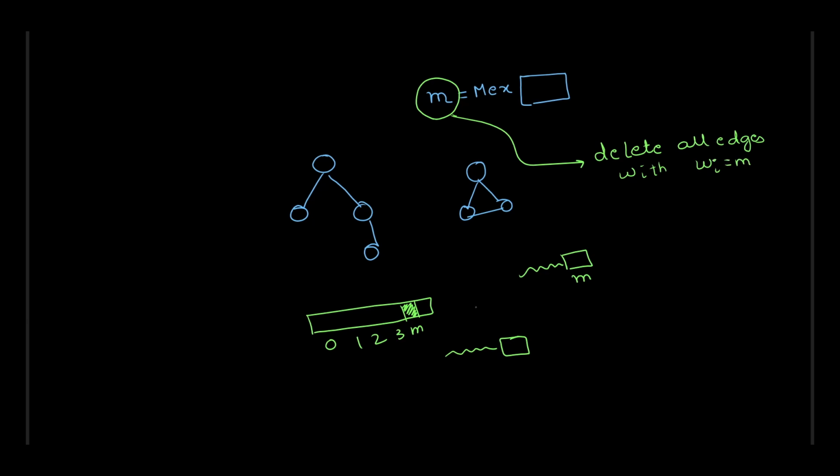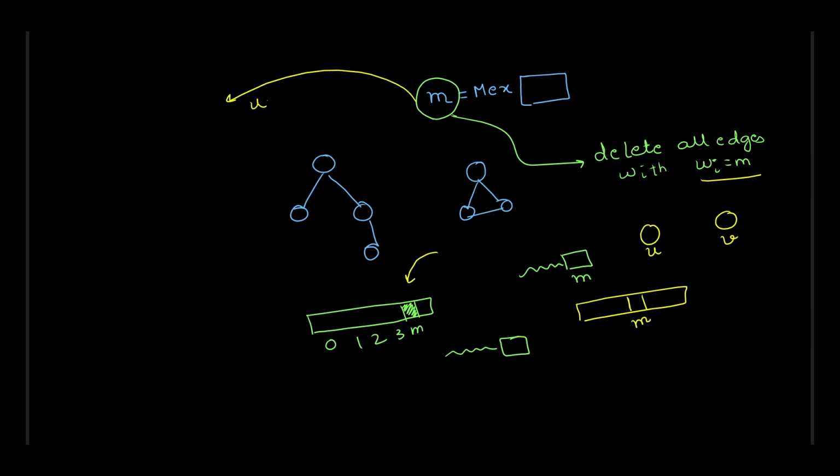Now, like I said earlier, if m is deleted, then all the paths that you take avoid the slot for m on the number line. After deleting all the edges with weight m, you can convert this to an unweighted version. Why is that?